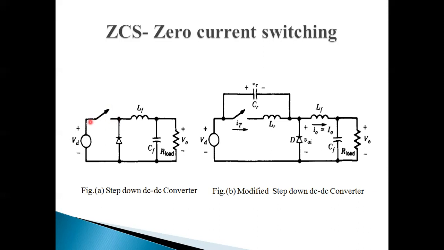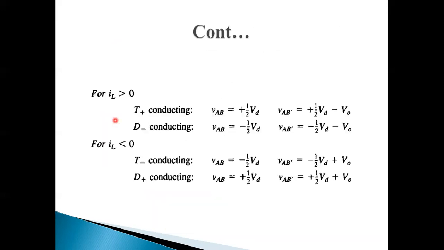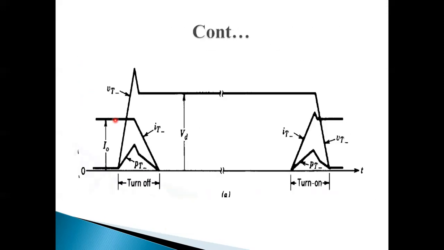So the current passing through the switch should be zero, but in actual condition there is some current, which we already discussed in this diagram.